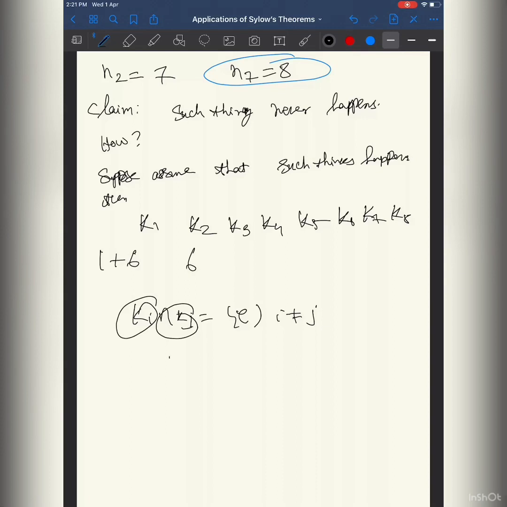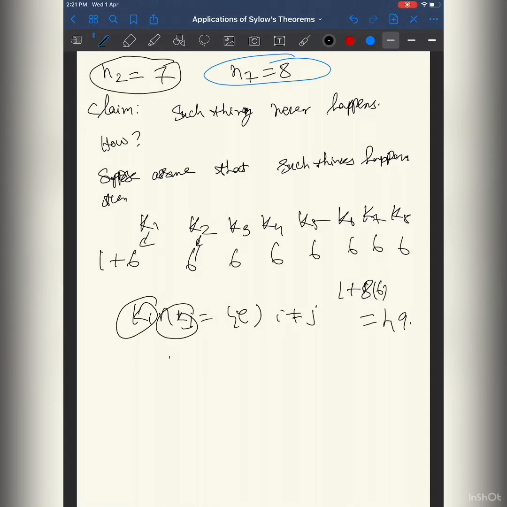If it is a non-trivial intersection, then they must coincide. So each of these gives 6, and I already counted the identity. So in total I have 1 plus 8 times 6, which is 49.